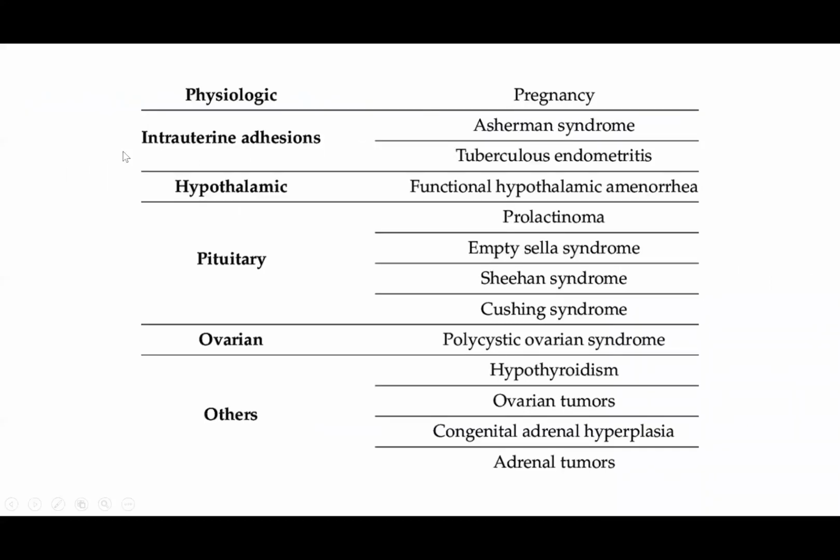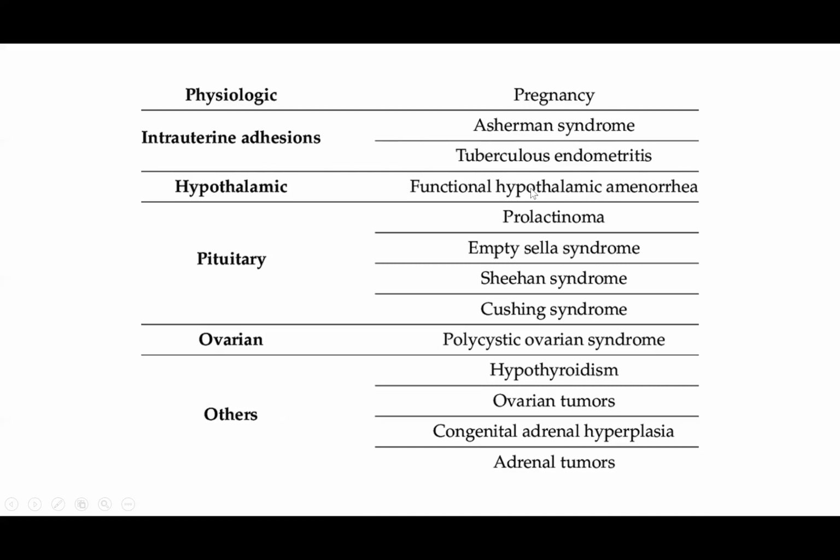A quick review of the causes of secondary amenorrhea. We have to exclude pregnancy. Then we think of the anatomical causes, the uterus and the cervix: Asherman syndrome, endometritis leading to Asherman's, cervical stenosis.